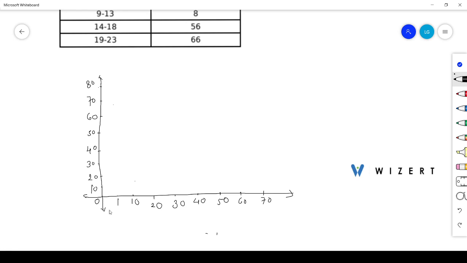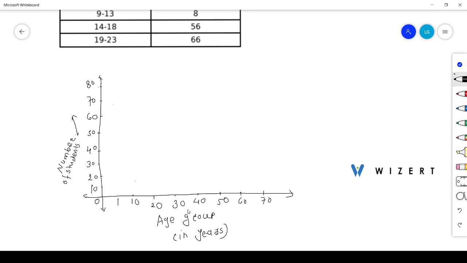Now, this is number of students. And here age group in years.